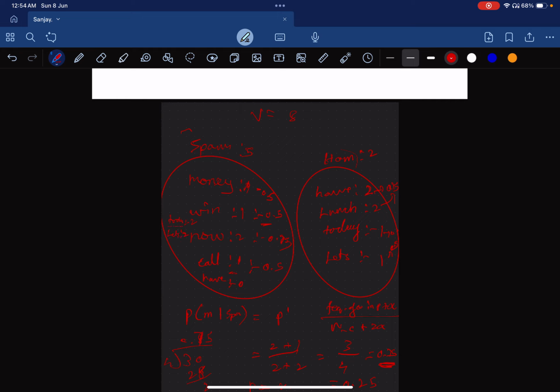Similarly here there is no money word, so we put money with frequency 0, because money doesn't appear in the ham class. Call also has frequency 0.